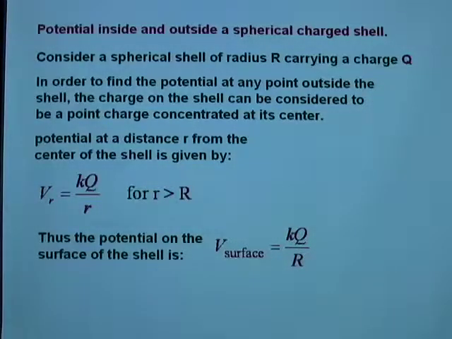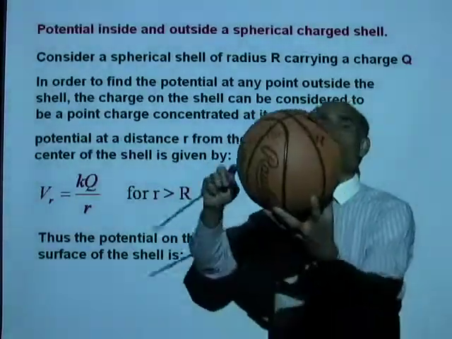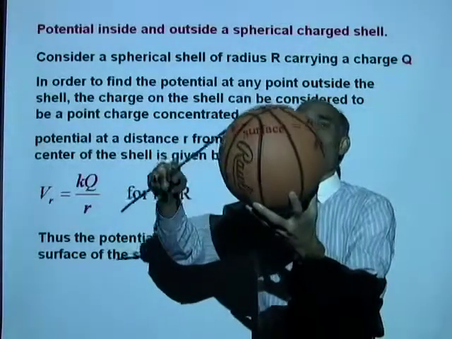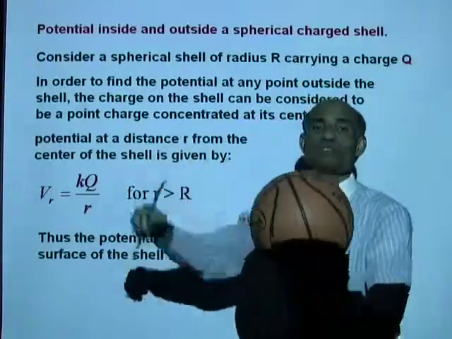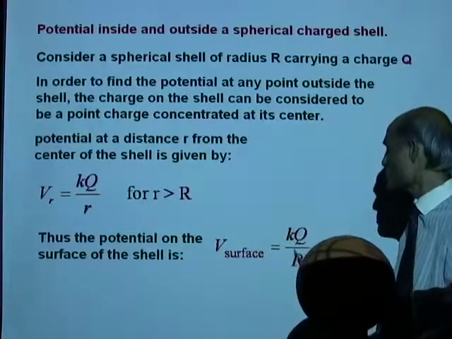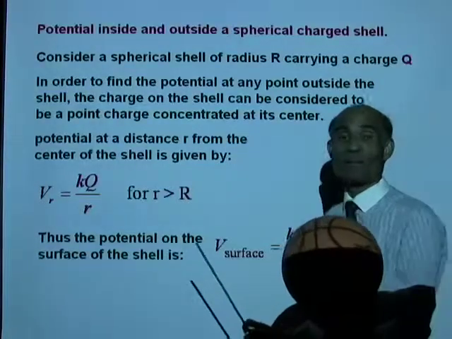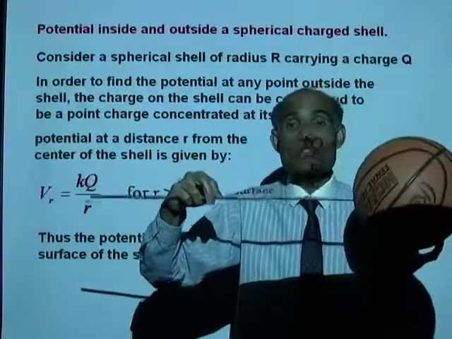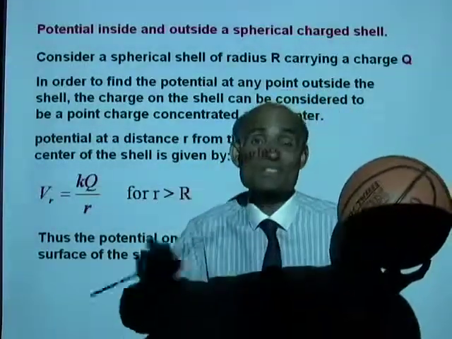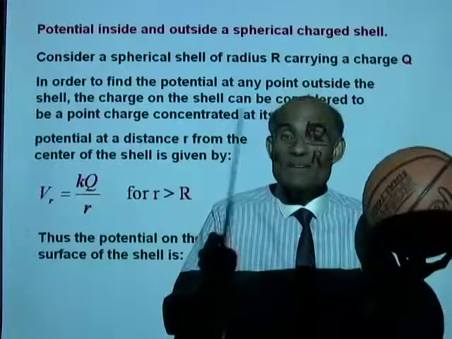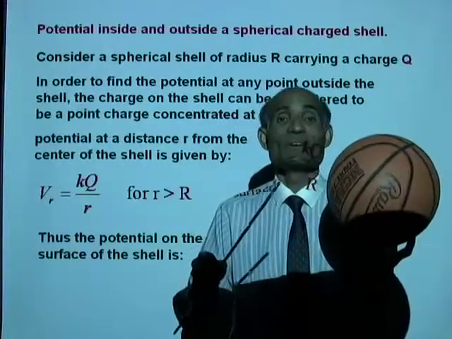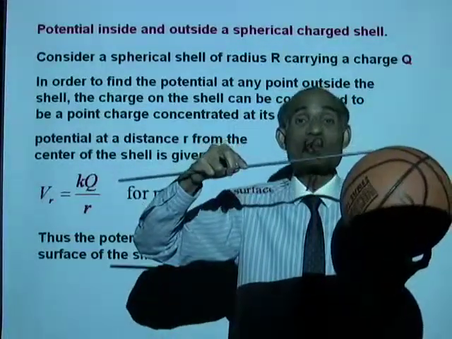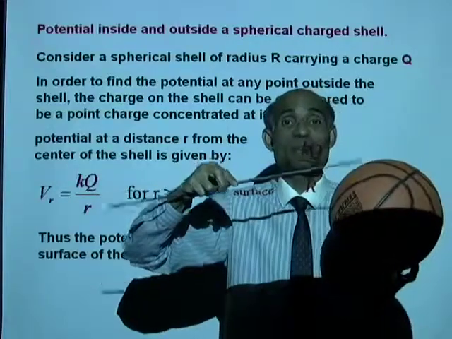Alright, now tell me, we just found out that the potential at any point on the surface is kq divided by r. And we also said earlier that the potential inside the shell is a constant. Now what will be that constant value? It will be the same as the potential on the surface.